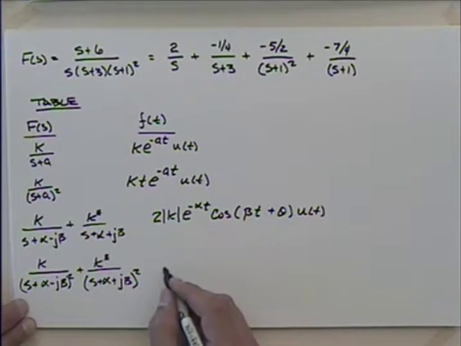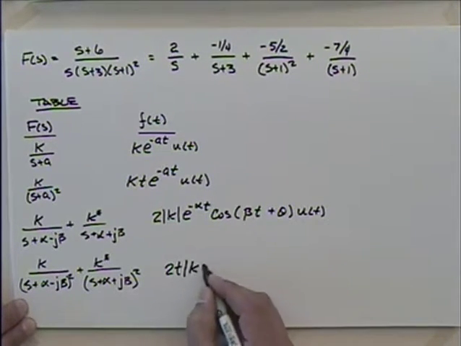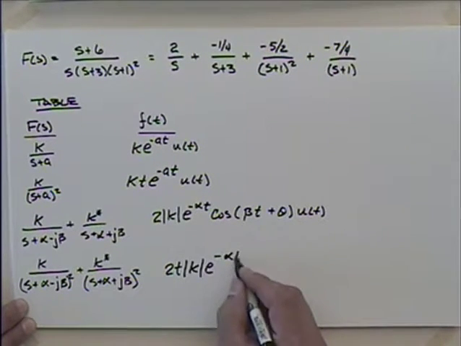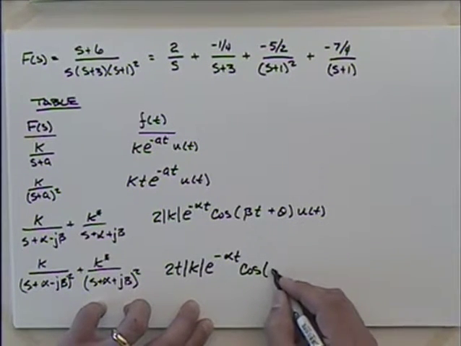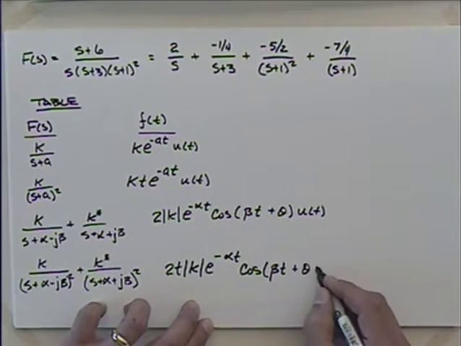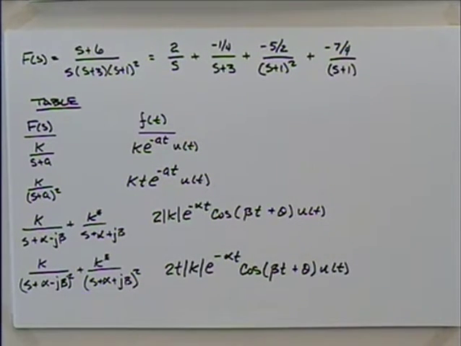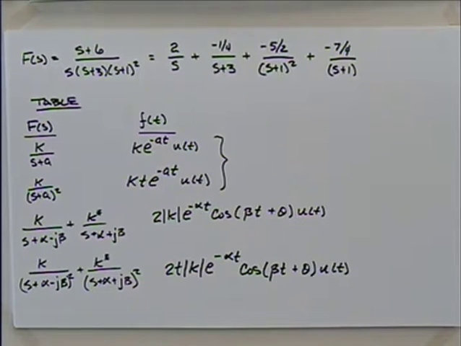And that inverse transform would be 2 times t times the magnitude of K, e to the minus alpha t times the cosine of beta t plus theta, u of t. Those look a little daunting, but we've got some problems. We'll go through them. They're really not that bad. But for now, we can really concentrate on putting those to use. Let me double check, make sure I wrote this table down correctly.